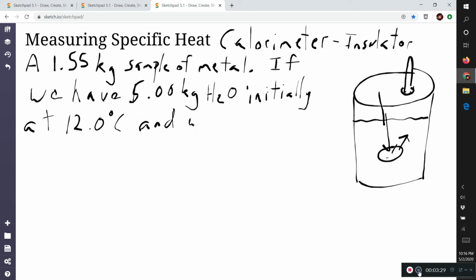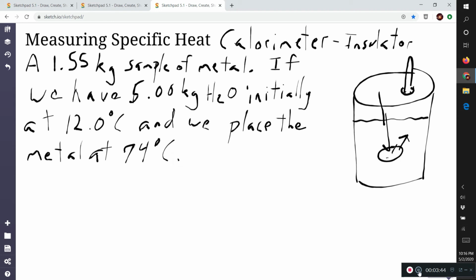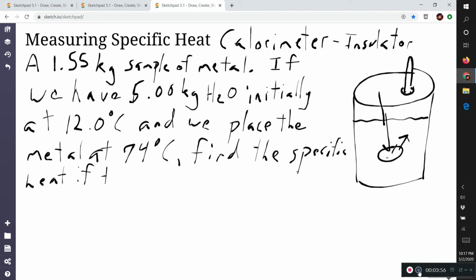And we place the metal at 74 degrees Celsius. We want to find the specific heat if the system ends, or rather equalizes, reaches equilibrium at 22.0 degrees Celsius.